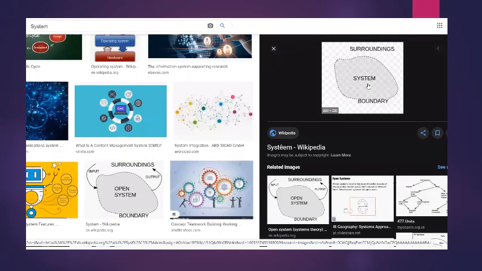That is a system. There are types of systems: open systems, closed systems, natural systems, man-made systems, and so on. Open system means that it's open. For example, your respiratory system is an open system, where your mouth and nose are open to the surrounding. A closed system: your blood circulatory system is an example.